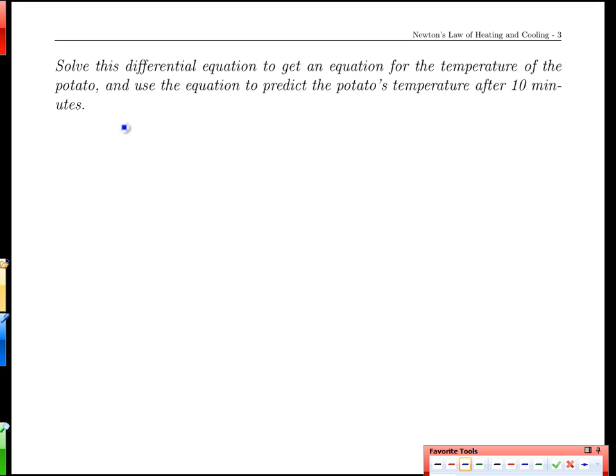All right, so our equation, dH/dt, is minus 0.25 (H minus 200). And now we can go ahead and solve this differential equation with the goal of finding H equals. The only technique we have at our disposal at the moment is separation of variables, so we'll do that right now.